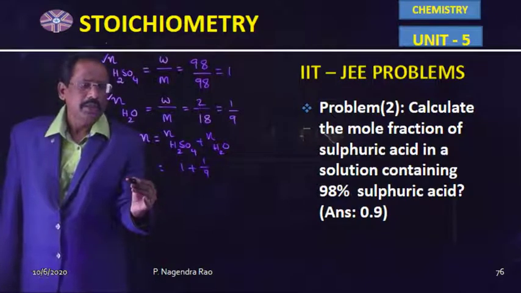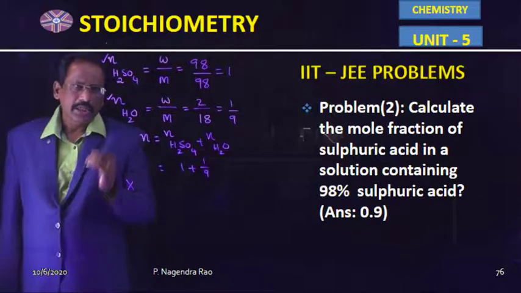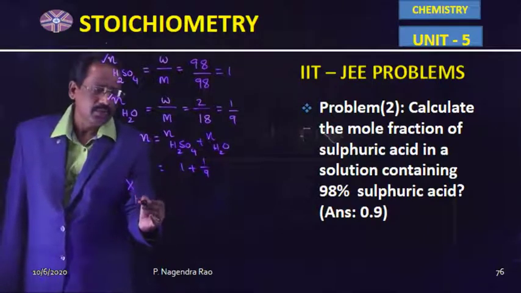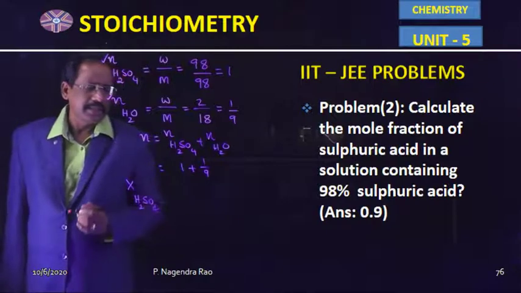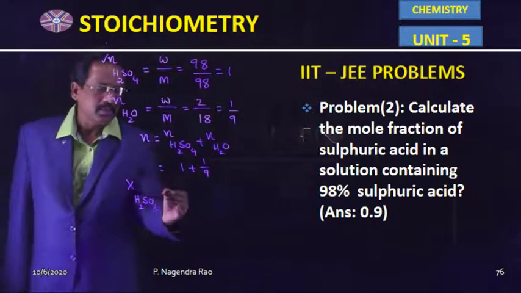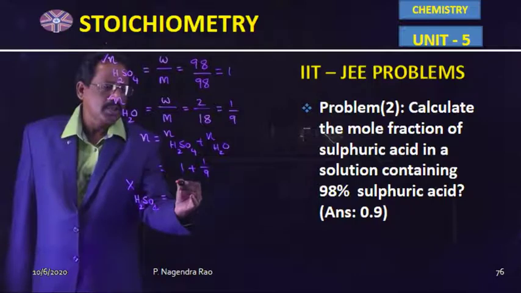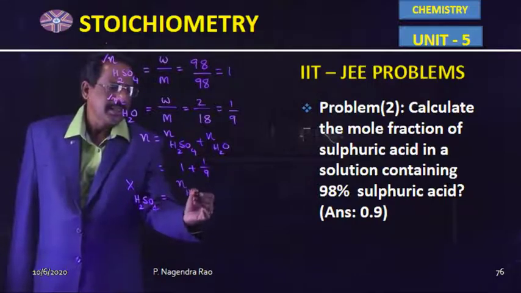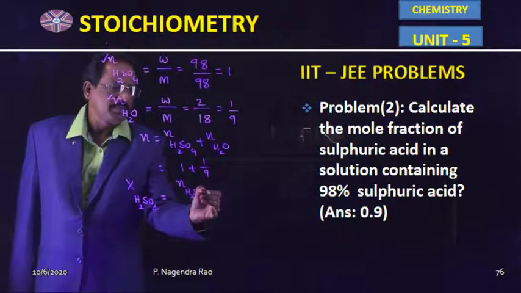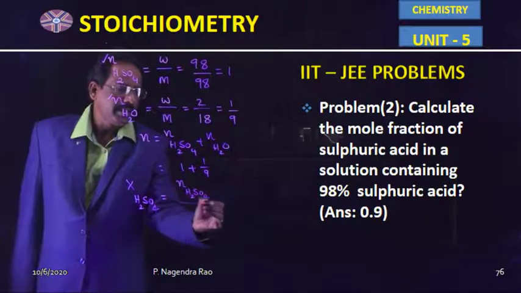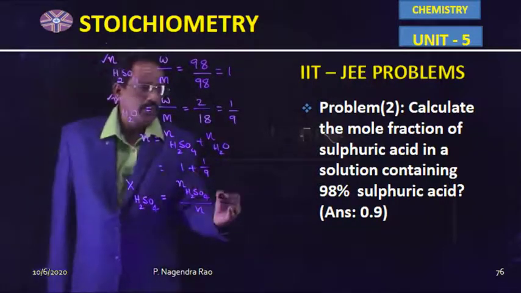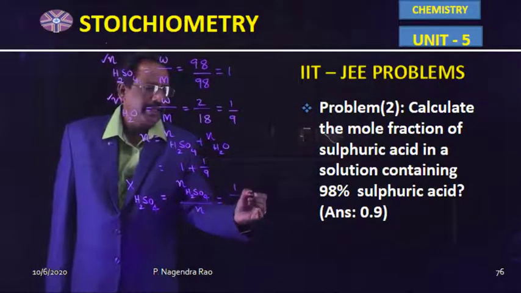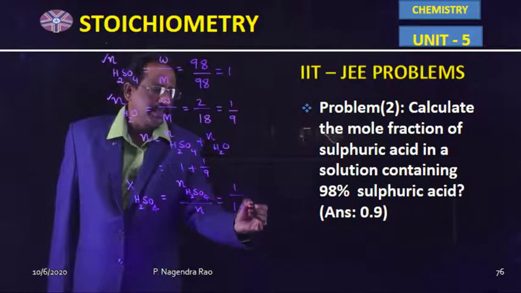Therefore, the mole fraction of sulfuric acid, whose symbolic representation is capital X, is equal to the number of moles of sulfuric acid divided by the total number of moles, that is 1 divided by 1 plus 1 by 9.